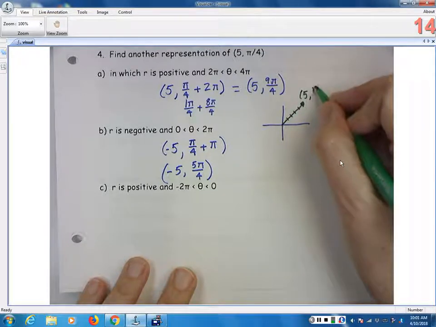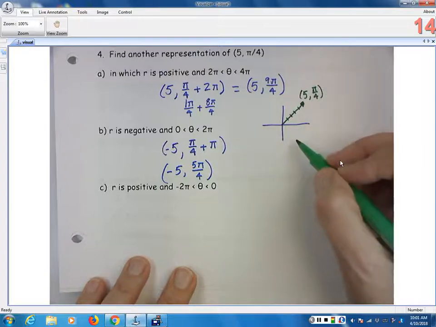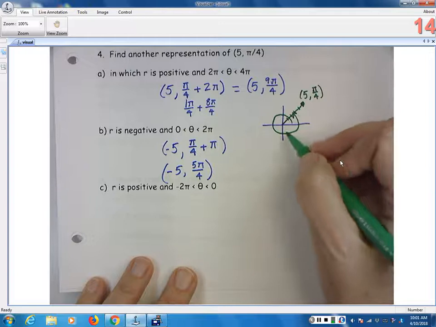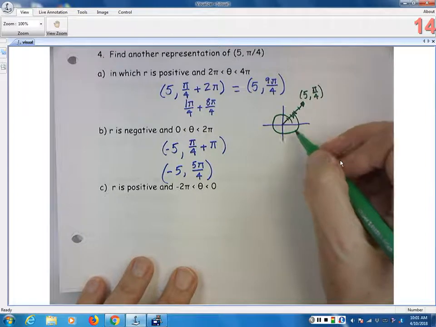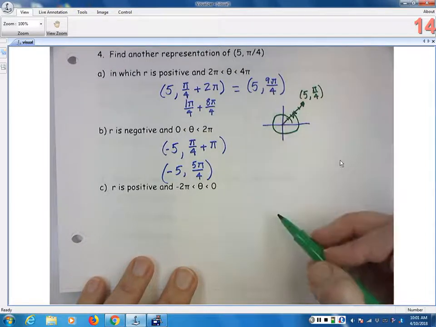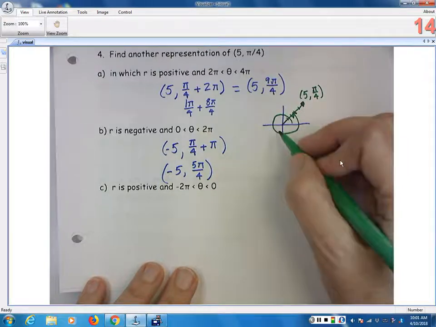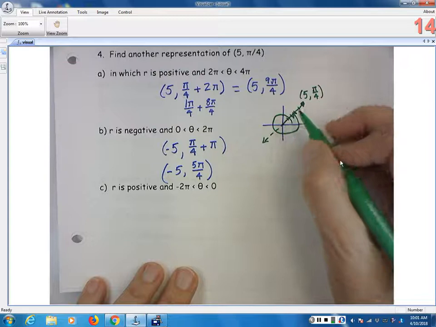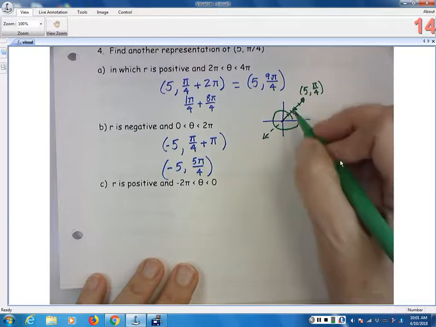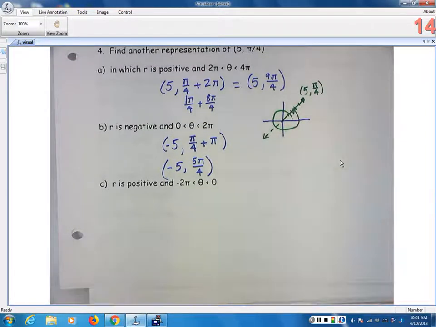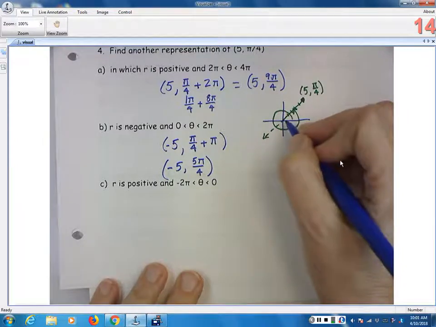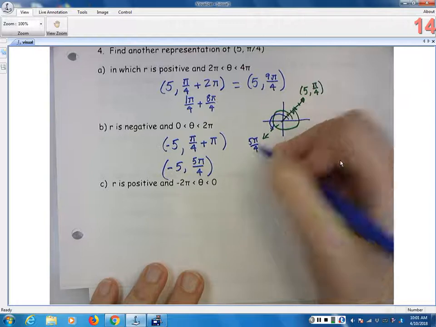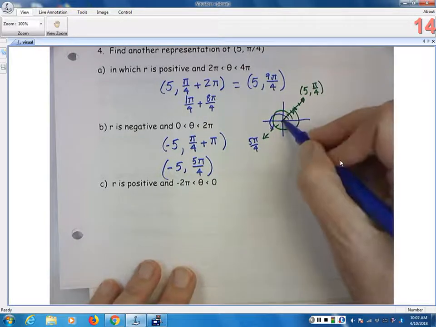We could also get there by going around like that, so that's 9 pi over 4. We could also get there by doing 5 pi over 4, and then starting here and going in the negative direction.